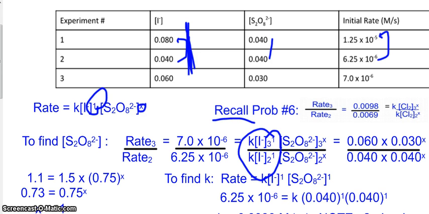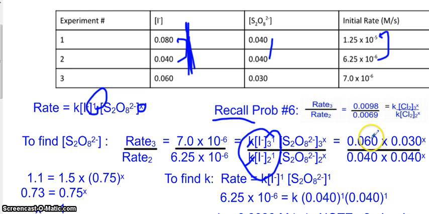So when I plug in these values, rate 3 over rate 2, I could use any of them, by the way. Well, I couldn't use 1 and 2. I could use 3 and 2 or 3 and 1. I picked 3 and 2. So I put the rate of 3 over rate of 2, and I have to include the iodines, but the k's do cancel out.